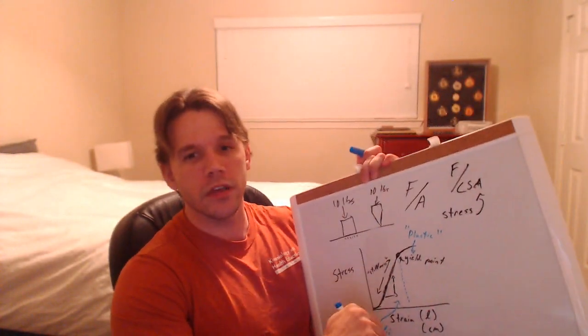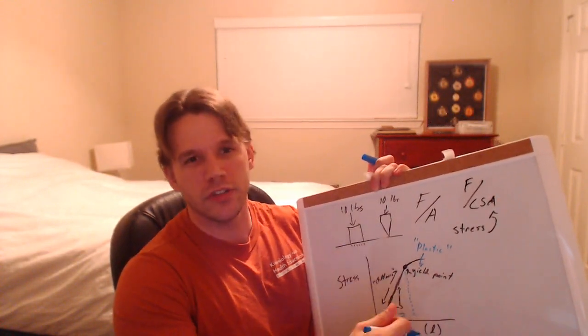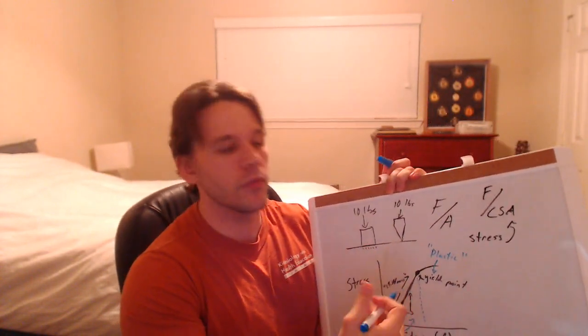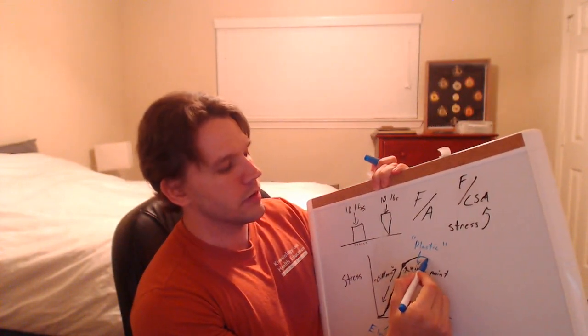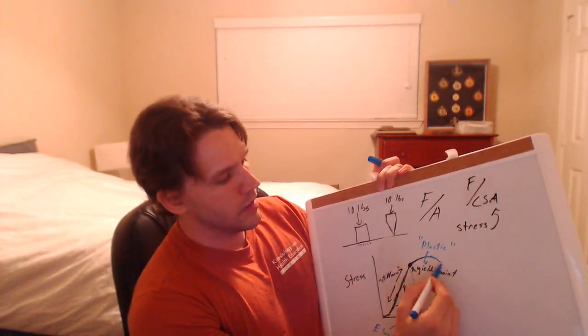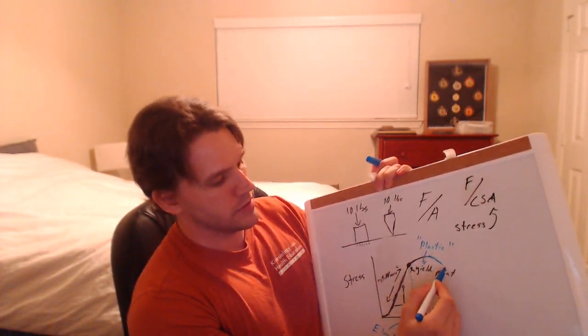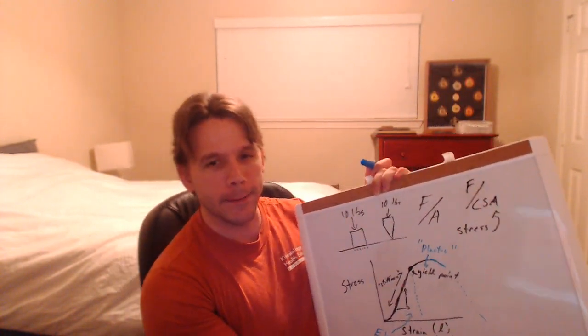And when we enter that plastic region, past this yield point right here, we get into this realm where we now have permanent changes to the length or the shape of that tissue. And eventually we get a failure point where the tension goes back down and the thing just kind of dies off here.